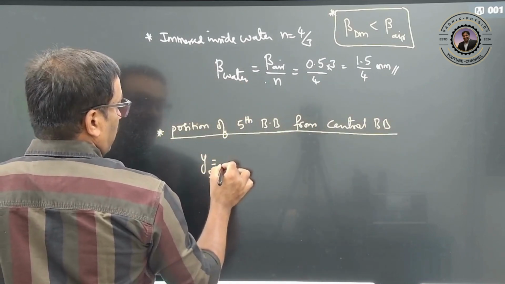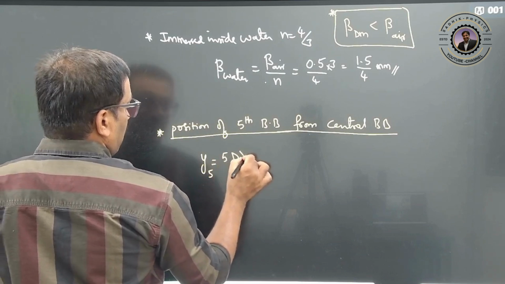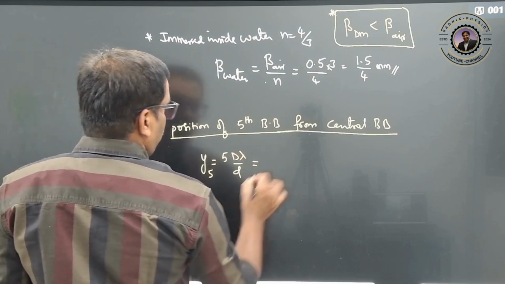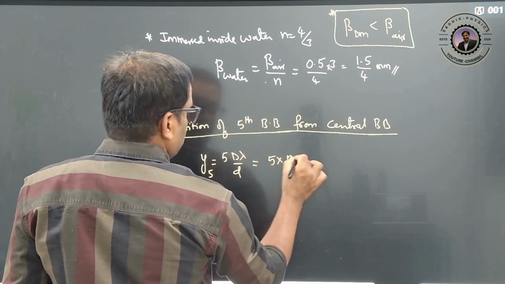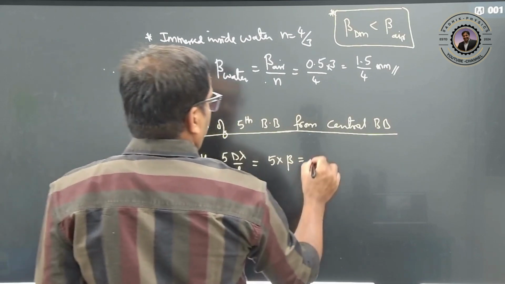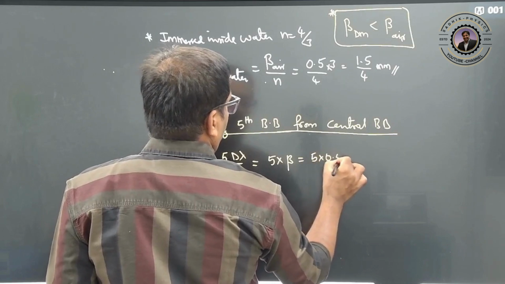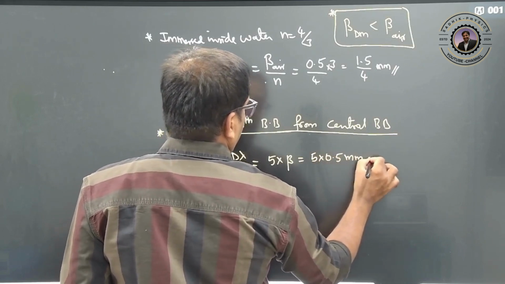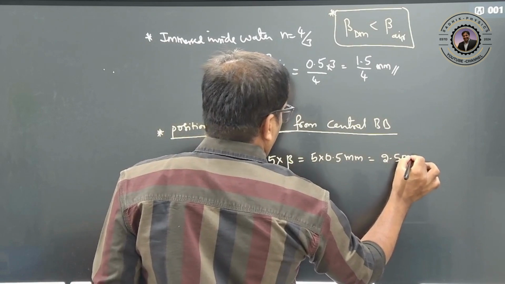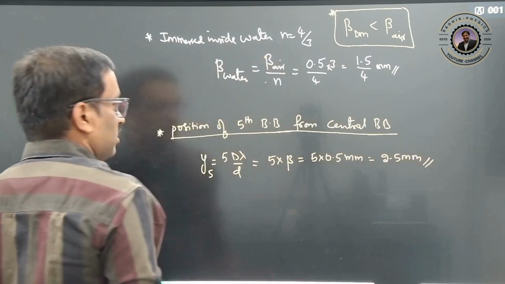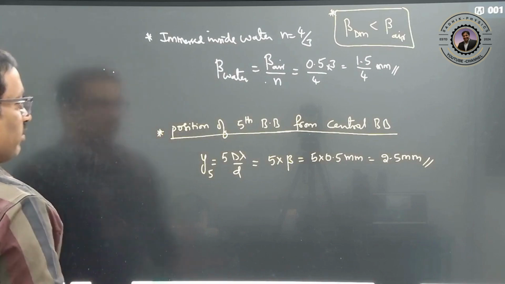So here it is nothing but 5 into D lambda by d, so 5 into beta. So what can you write now? 5 into 0.5 mm, 2.5 mm will be the distance of the fifth bright band.